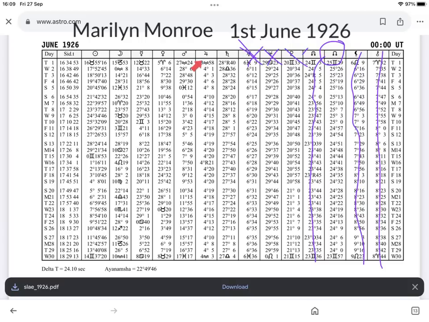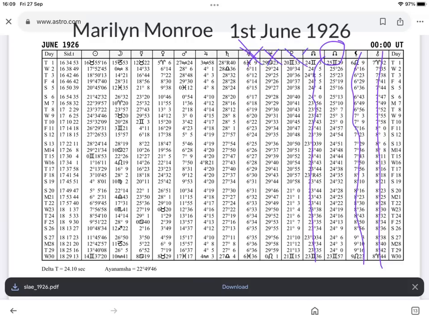Jupiter is super strong because he's just about to go retrograde. Second thing to see: same degree, he goes retrograde on the 16th of June, 2 weeks after she was born. So she was born with a virtually stationary position of Guru. Stationary planets, I haven't got there just yet, but they are super duper strong.